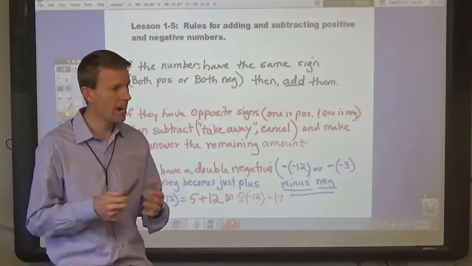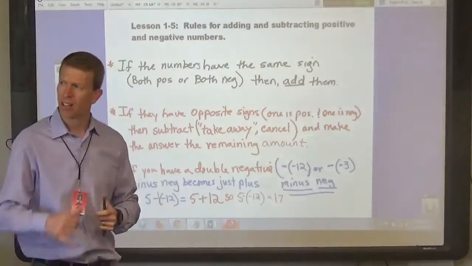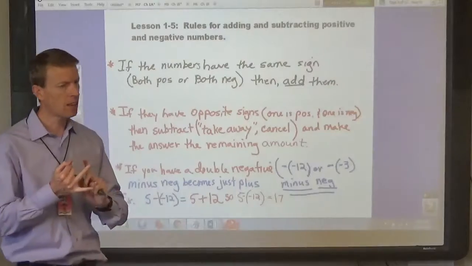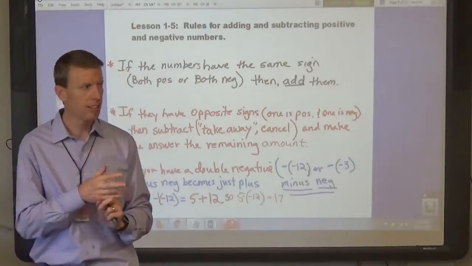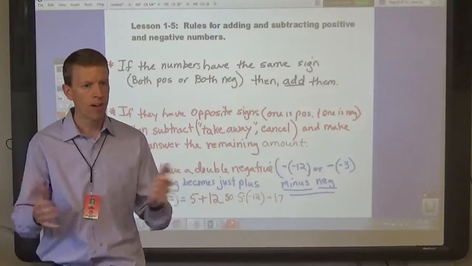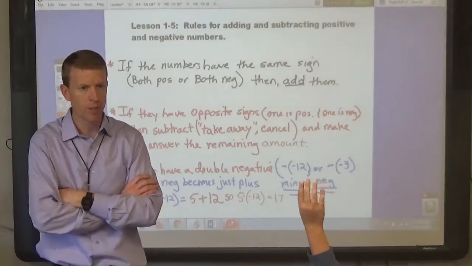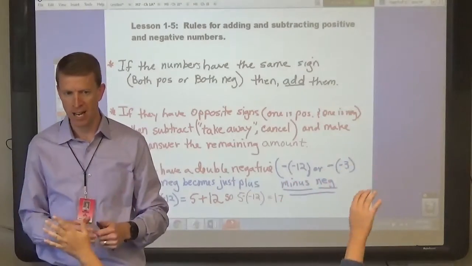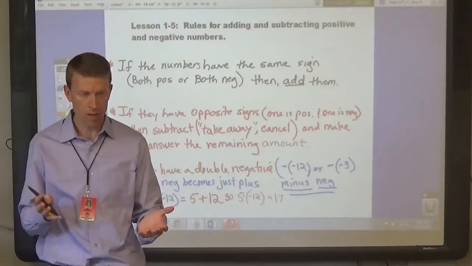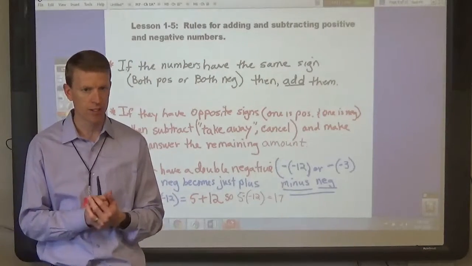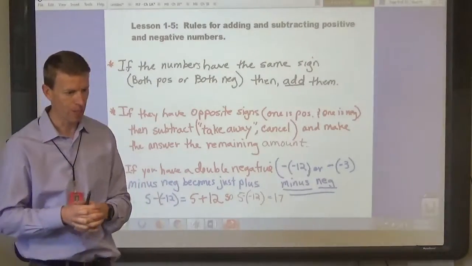We're going to be practicing adding and subtracting positive and negative whole numbers. Now, the best way to learn this is to think of real-world examples where you are adding and subtracting positive and negative numbers. Where are positive and negative numbers used a lot in the real world? Temperatures. Exactly. That's one of the best ones to think of. We're very familiar with negative degrees out here in Minnesota.